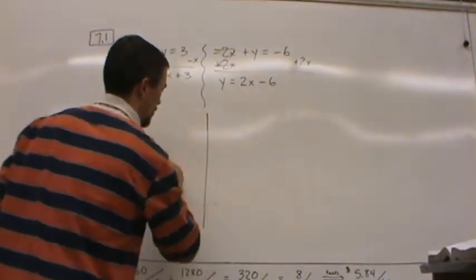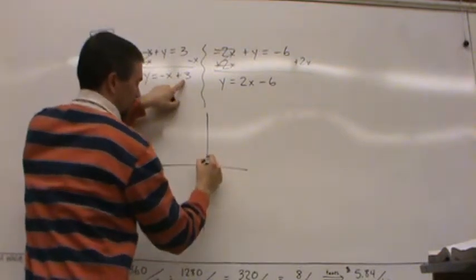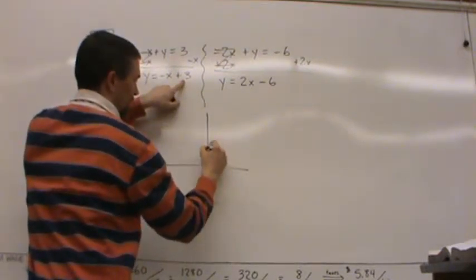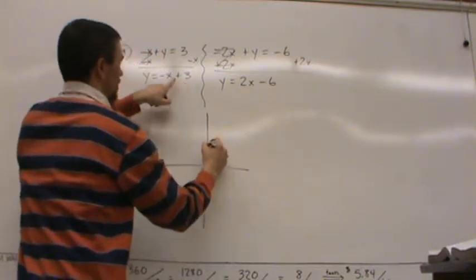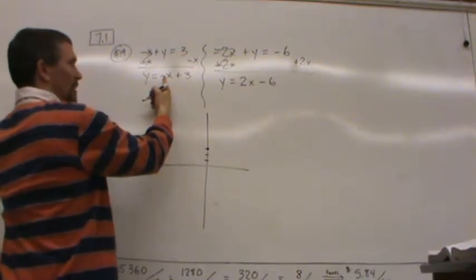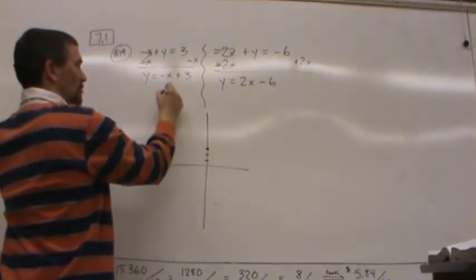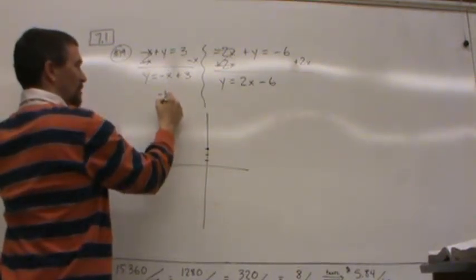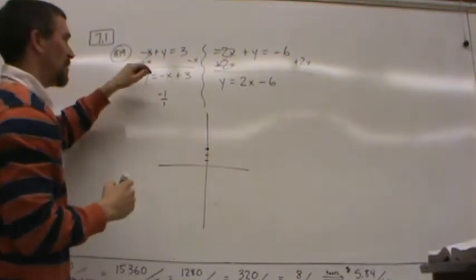So on the graph, if we were going to graph this, 1, 2, 3, there's the y-intercept, so we know we have 1 point. And then we use the slope, which is a negative, and there's an understood 1 there, so it's really a negative 1, which written as a fraction is negative 1 over 1.